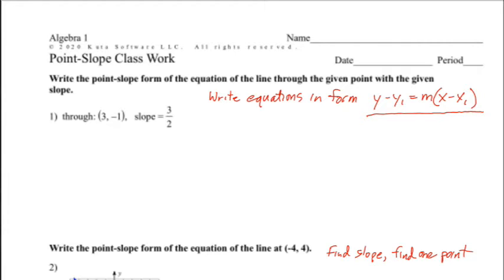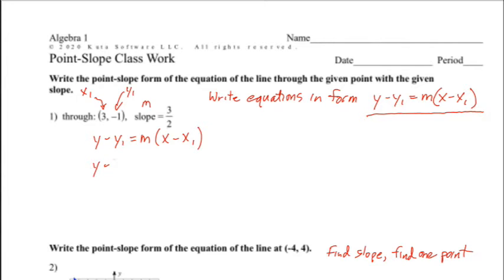So for this first problem, problem number 1, we're given a slope of 3 over 2, and that's our m value, and we're given a point where 3 is our x1 value and minus 1 is our y1 value. So we can rewrite the general form of the equation. And we're just going to substitute values into this equation.